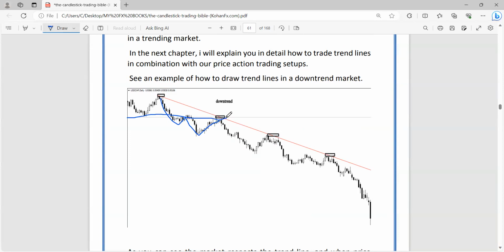Even here, I can draw a line, even right around that level. You don't need to think of it as a line, just think of it as an area.